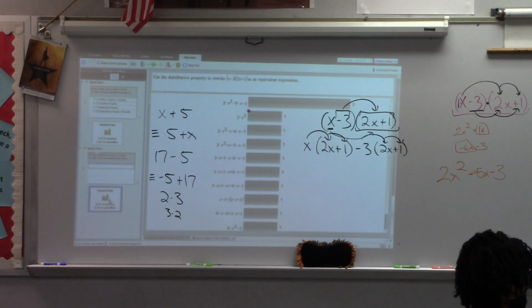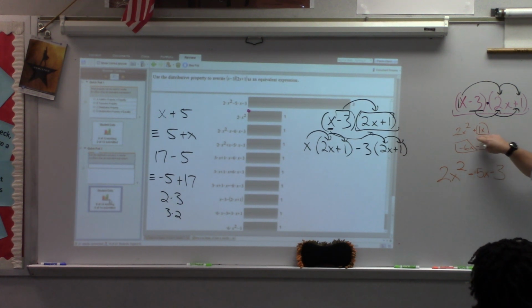So, questions, concerns, comments? I will say this finally, Keyshawn did this correctly. Okay? You have to take that x and distribute it. Now, one thing I would do is I would write all in line instead of vertically like this, because x times 2x is 2x squared, x times 1 is 1x, negative 3 times 2x is minus 6x, negative 3 times 1 is minus 3.